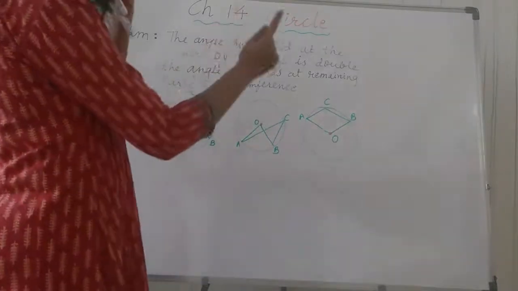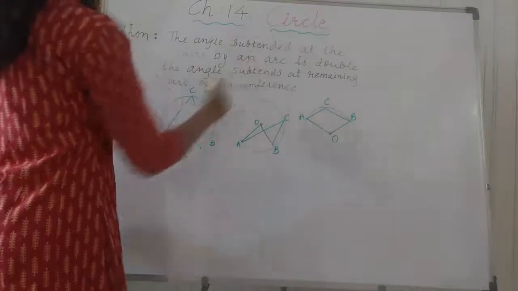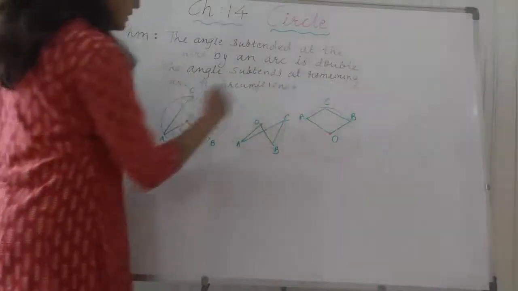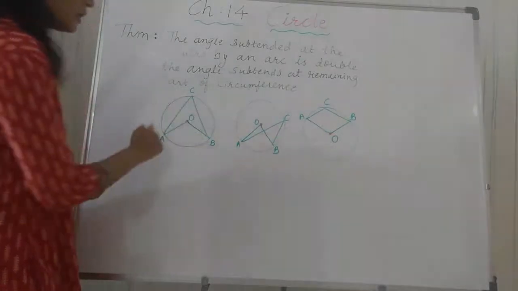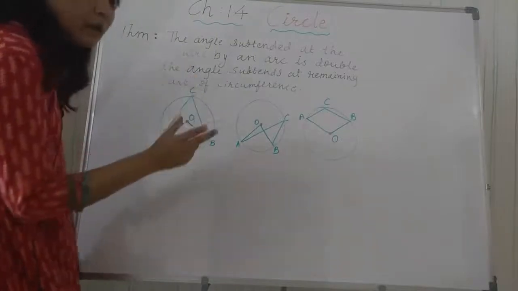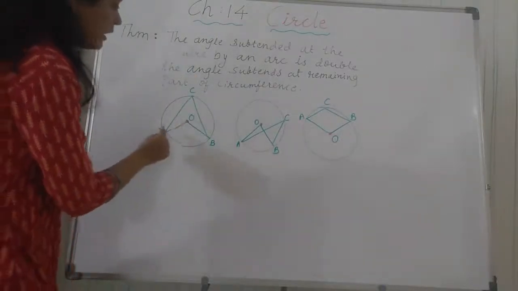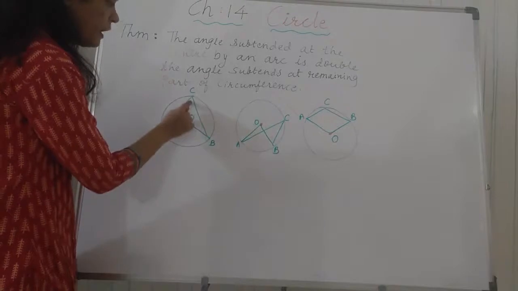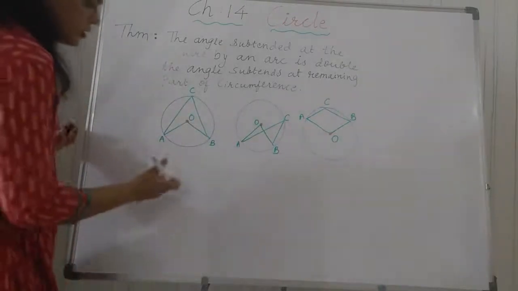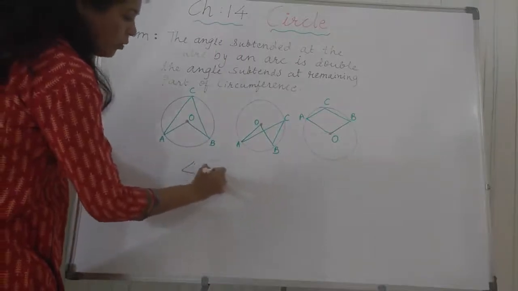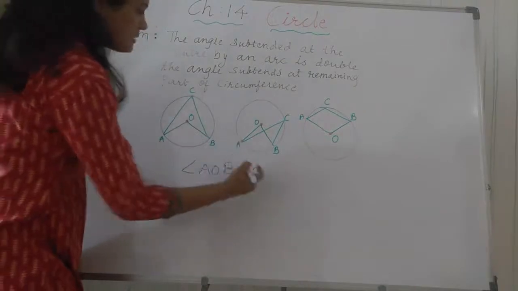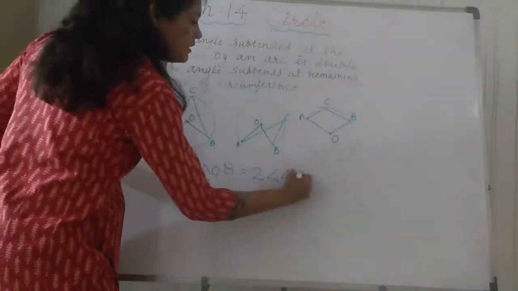So what our theorem says is that the angle subtended at the center is double the angle subtended at the remaining part of the circumference. It means this angle AOB is double in measure than the other angle subtended at the circumference here. So I am showing you the relation that angle AOB is always double, means twice, angle ACB.